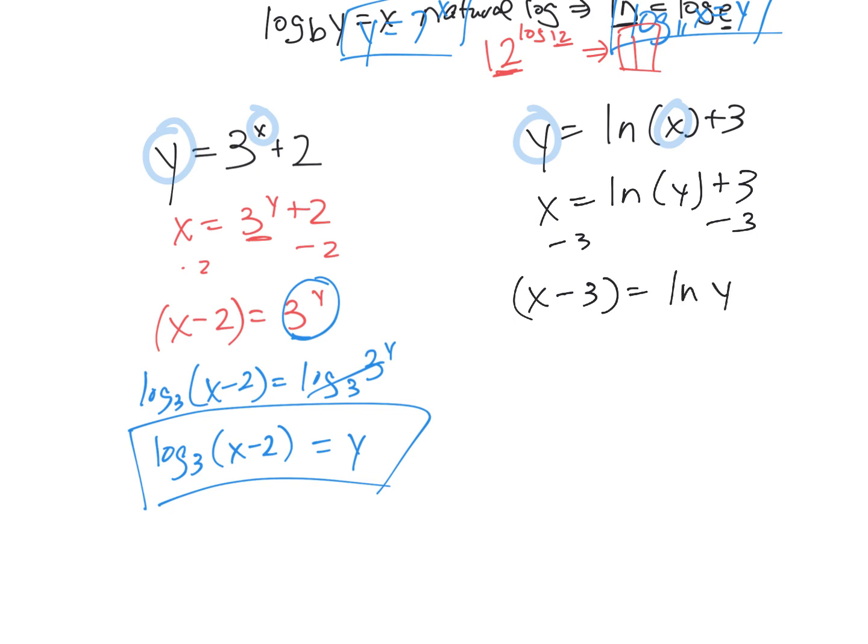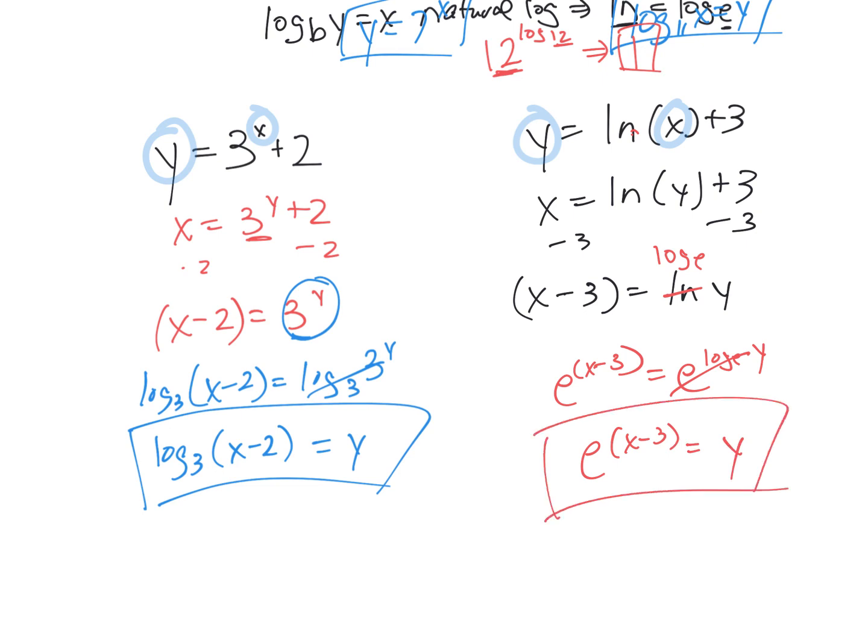I get the natural log of y. Remember, natural log of y also means log base e. So I'm going to do exponential because it started out as a log and I went inverse. And this becomes x minus 3. And then this is my log base e of y. That cancels out. So I get e to the x minus 3 equals y. And that's an exponential, so I need exponents in that spot, okay?